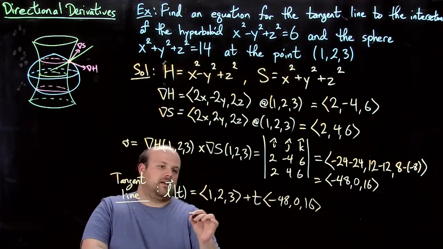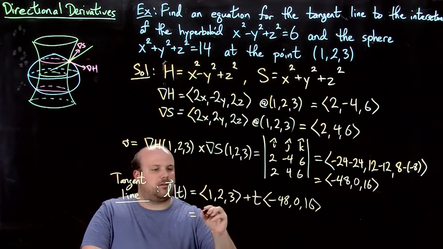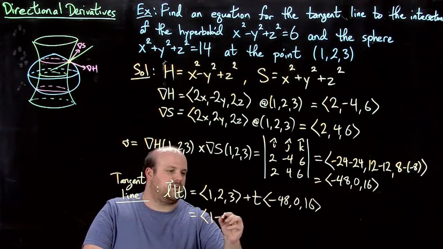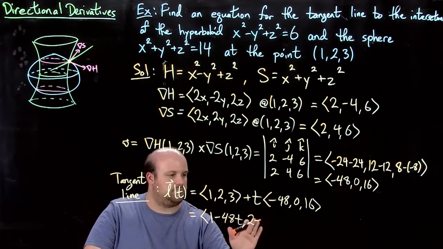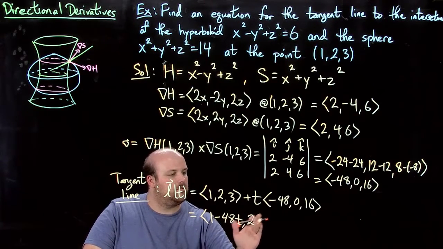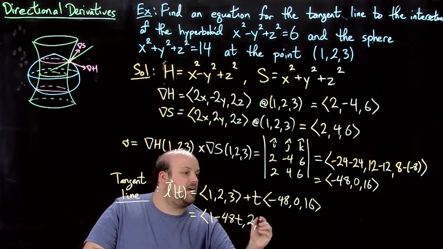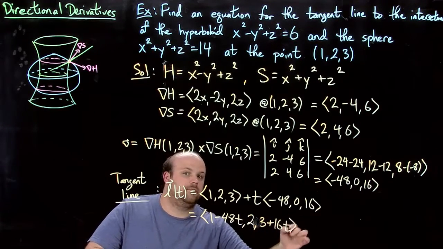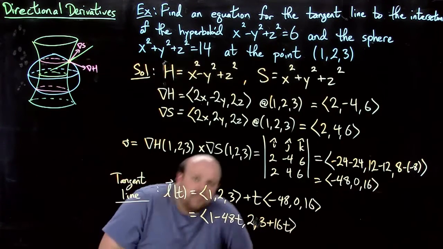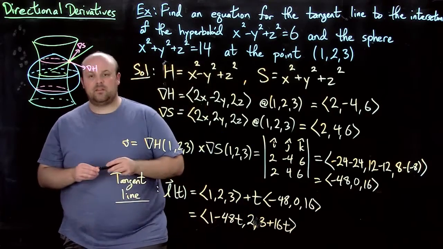Okay? And you can leave it there, or we'll combine it here to 1 minus 48t, 2, well, just 2, actually, and 3 plus 16t. Okay? And that's it for this problem.